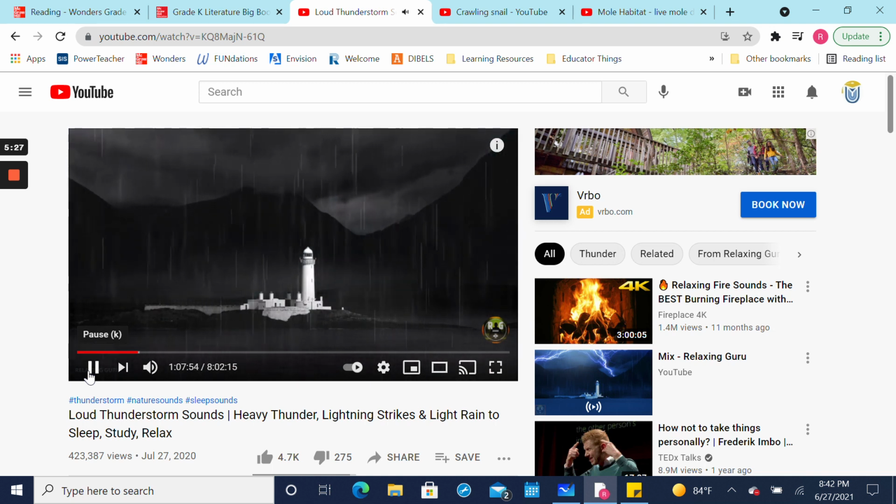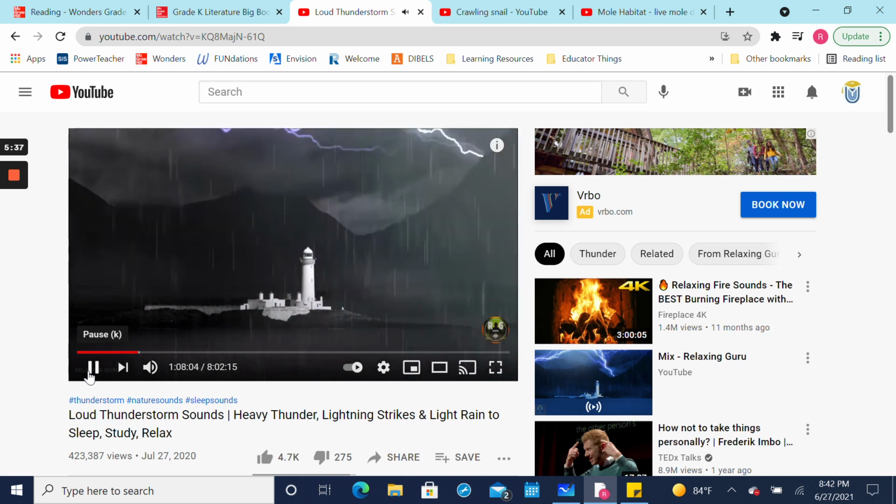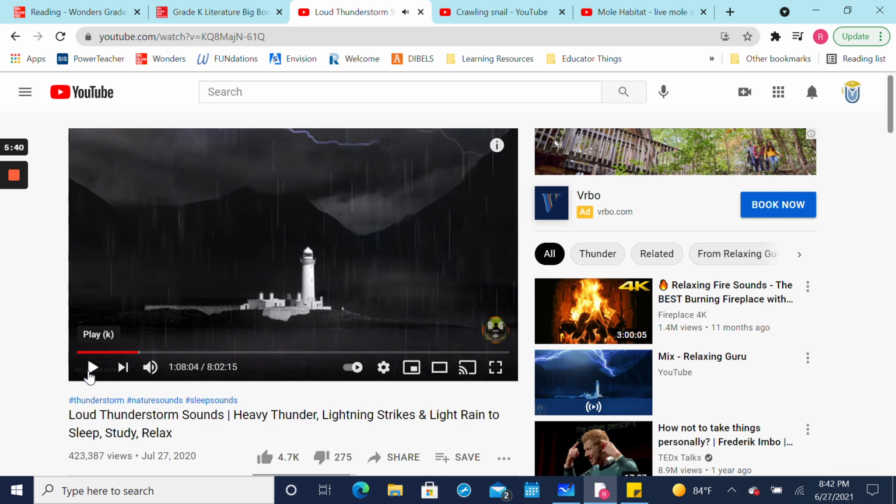Does thunder sound like something that is quiet or something that is very, very loud? It's something that is very, very loud.